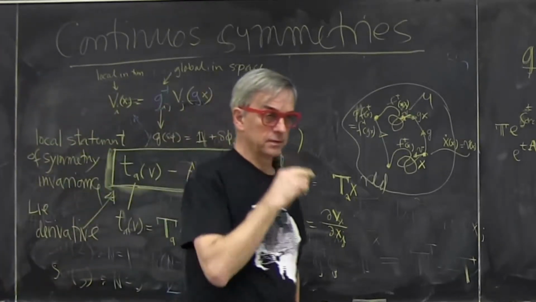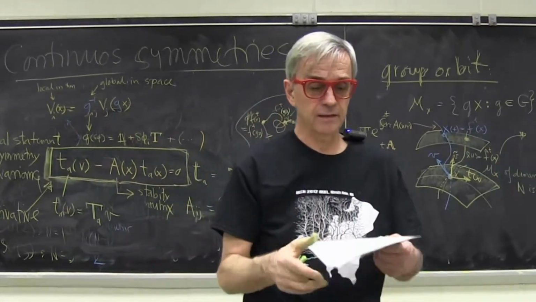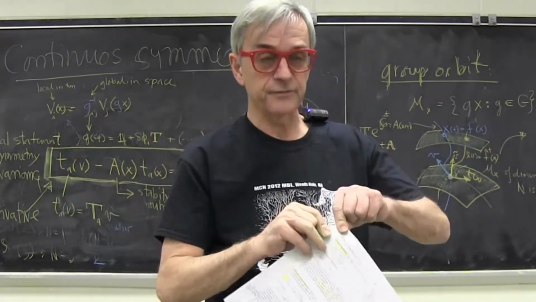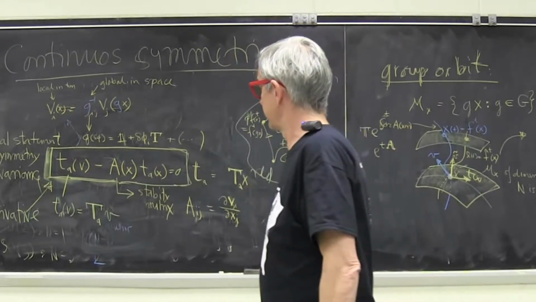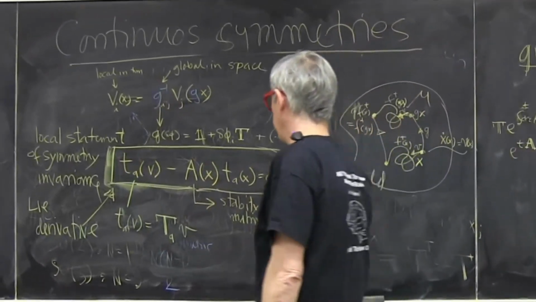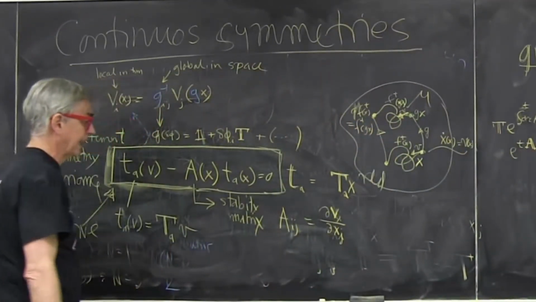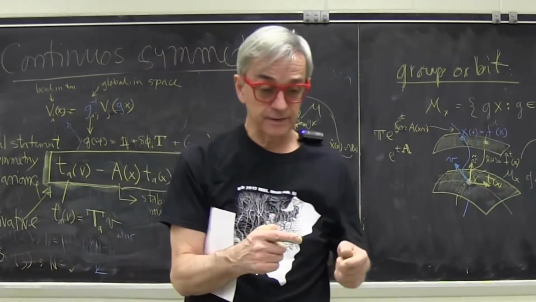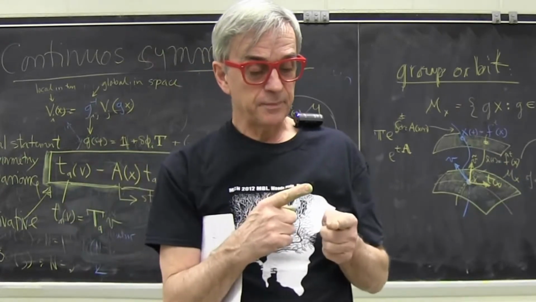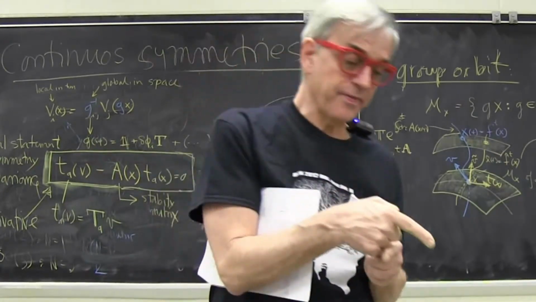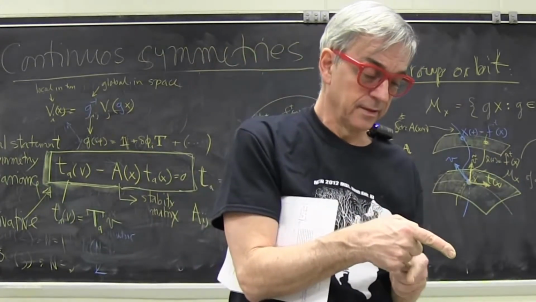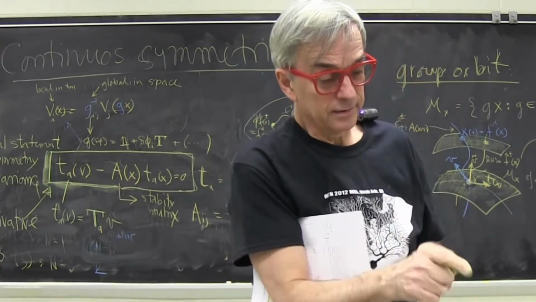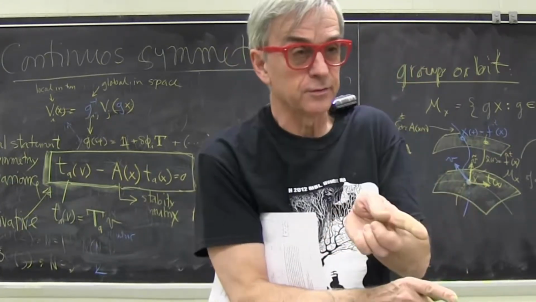You people, of which I know at least two, who have taken good courses in differential geometry, helped me rewrite the book, because when I write it as a Lie derivative, it just looks ugly. The idea of the Lie derivative is that you want to compare what happens if you vary something in this direction and then do it that way, versus you vary it in this direction and do it that way.